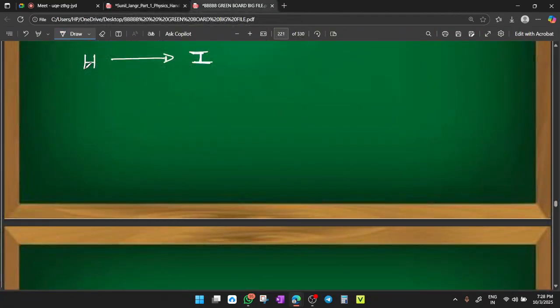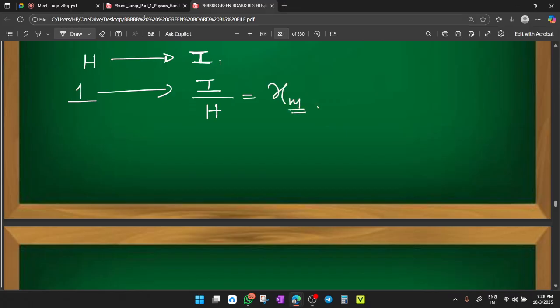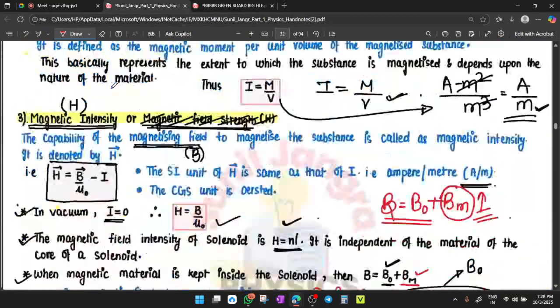H is magnetizing intensity and I is intensity of magnetization. So on applying H, magnetization I is developed. Then per unit magnetizing intensity, the intensity of magnetization developed is I by H. So this is called magnetic susceptibility. This is called chi m.